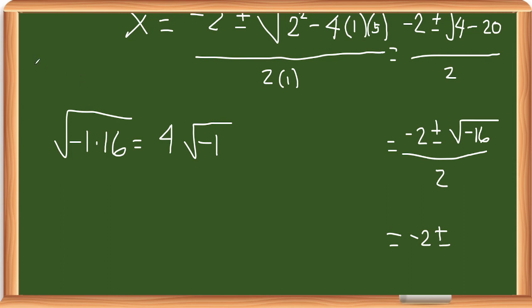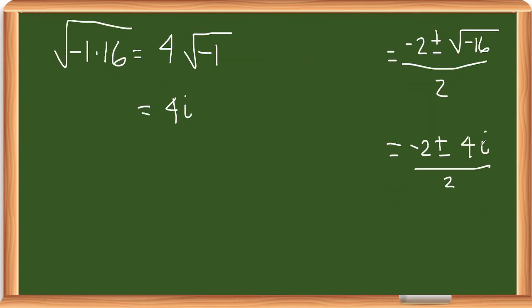Always bear in mind that the square root of negative 1 is what we call the imaginary number. So, it is denoted as i. So, this can be expressed as 4i. Therefore, plus and minus 4i, all over 2.